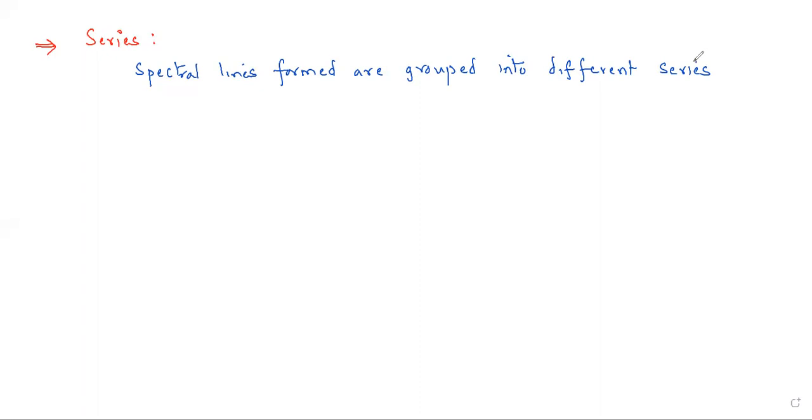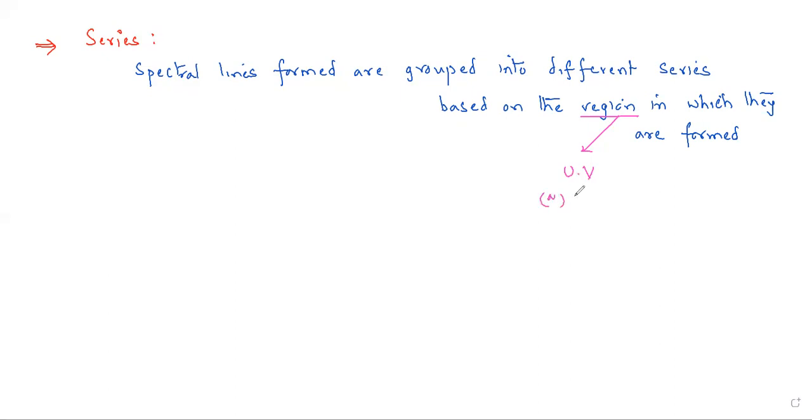Now all the lines, based on the wavelength of the radiation, are grouped into different series. Nothing but based on the region in which they are formed. When I say region, it is like UV or visible or IR.